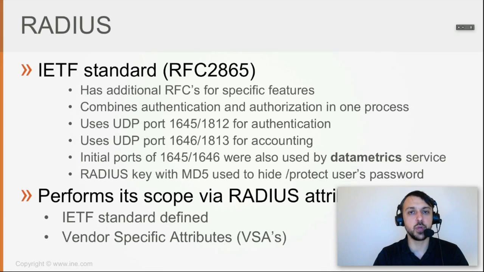So whatever is proprietary to Cisco, if it has to be sent via RADIUS, cannot make use of RADIUS standard attributes, because those are Cisco proprietary features. They're going to make use of Cisco's own vendor specific attributes.